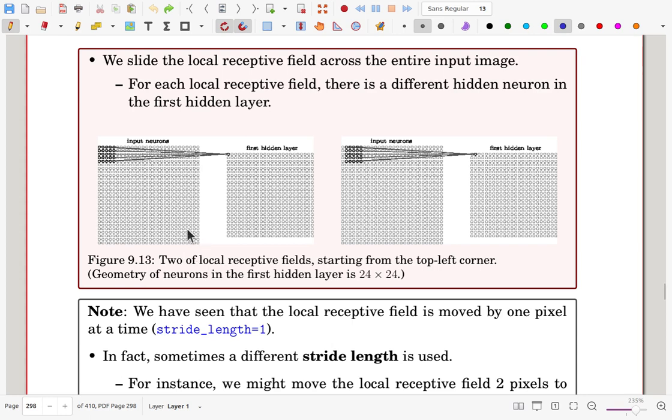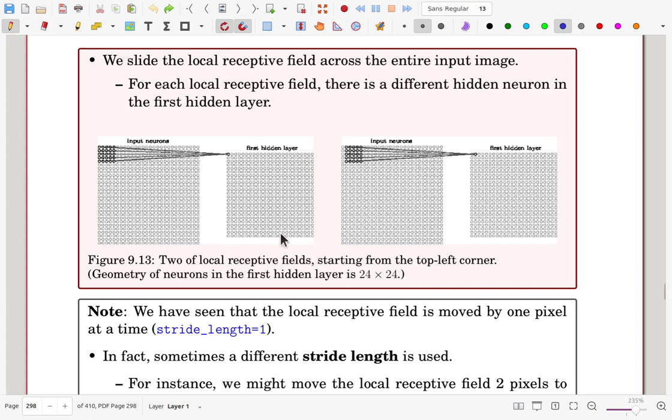Then for this choice of local receptive field and movement, from this 28 by 28, we have output in the first hidden layer of 24 by 24.